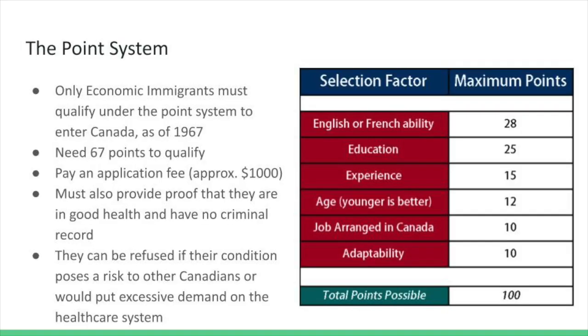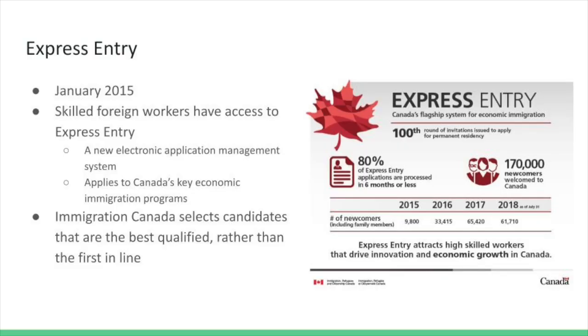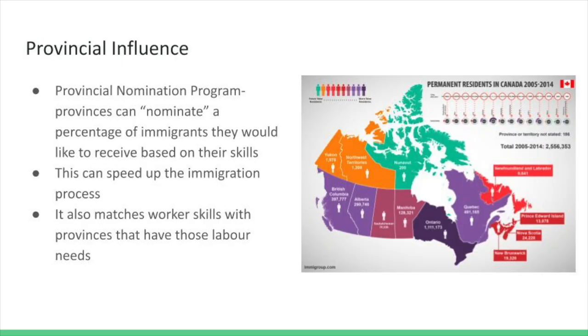Economic immigrants are evaluated using the point system, which considers education, work experience, age, language, and more. We now have something called Express Entry as well, which is an enhancement of the point system. Provinces can use the provincial nomination programs to attract people who meet local needs.